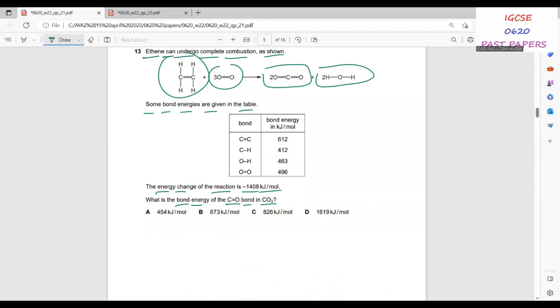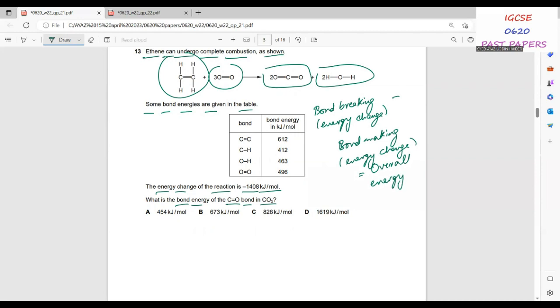We know the formula: reactant bond breaking energy change minus bond making energy change is equal to the overall energy or enthalpy change.